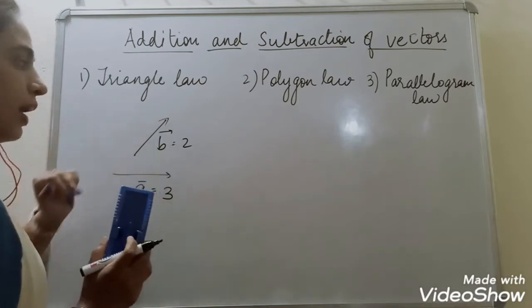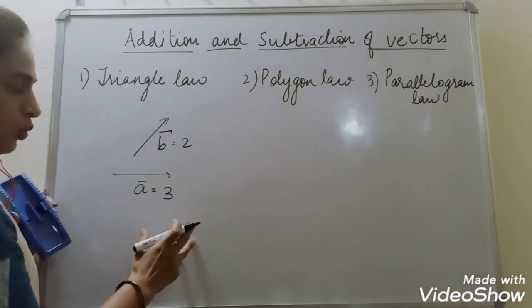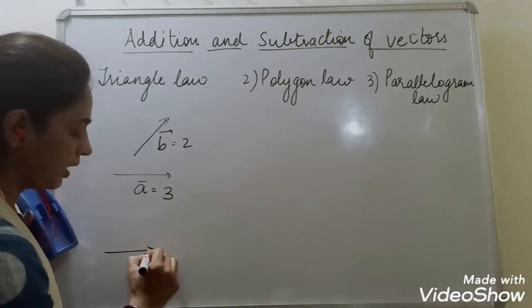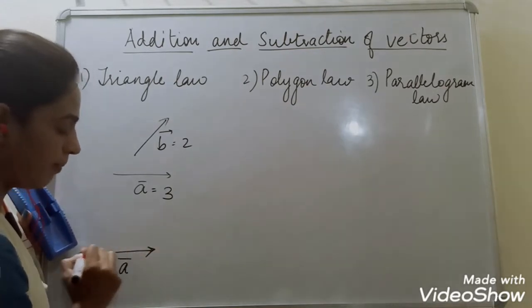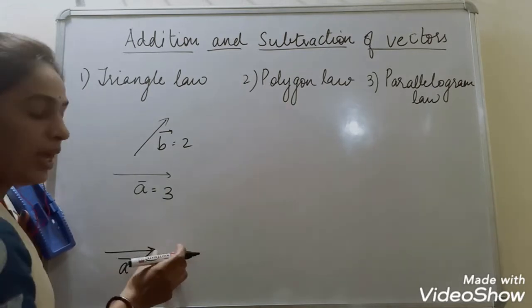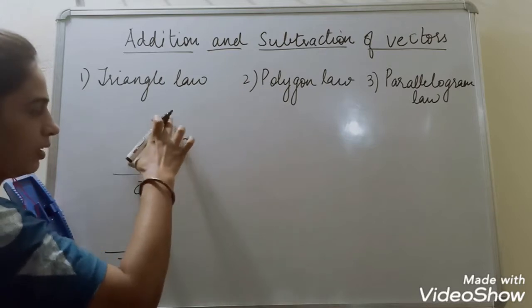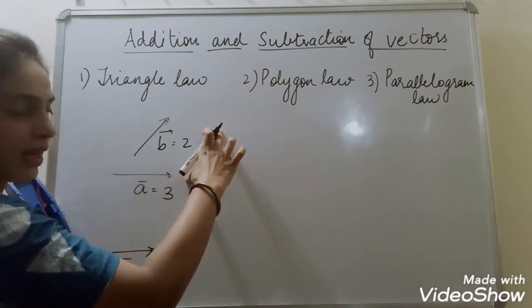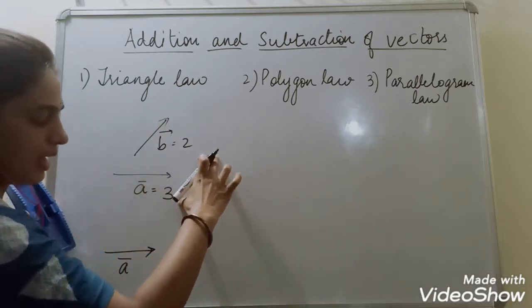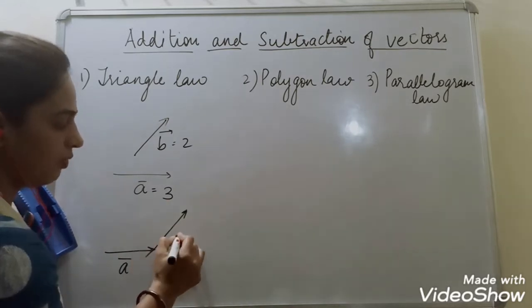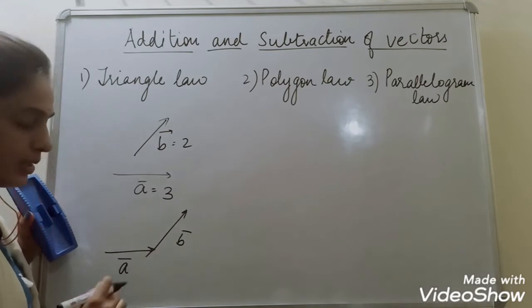So how do we add vectors then? According to the triangle law of vector addition, the rule says you take the first vector, for example you are taking the first vector as A, then to the head of the first vector join the tail of the second vector. So we can shift vector B parallelly like this. Not changing its direction, we can add vector B like this.